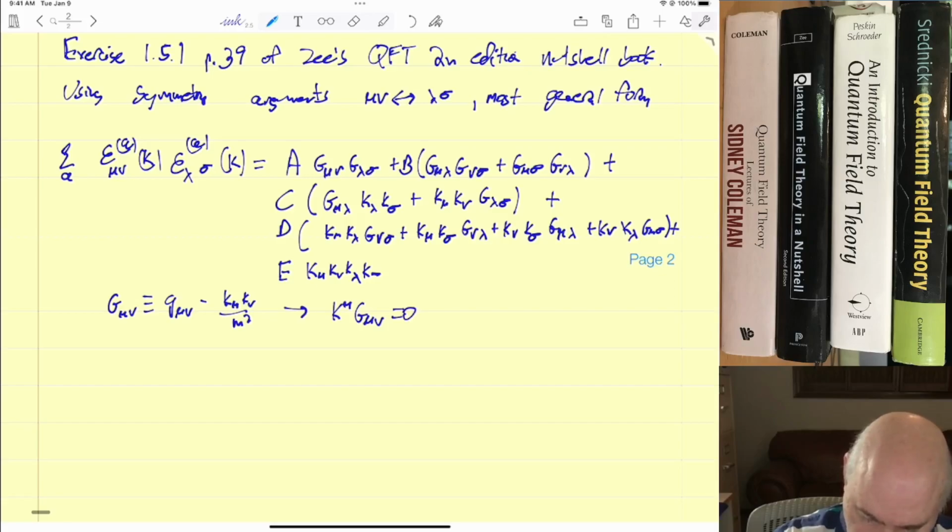Since if we multiply k mu times the first term, it just raises the index and we get k nu. Then k mu upper and lower is just the magnitude of the energy momentum vector, which is k squared, which is m squared. And so we're going to get k nu minus k nu, which is equal to 0.